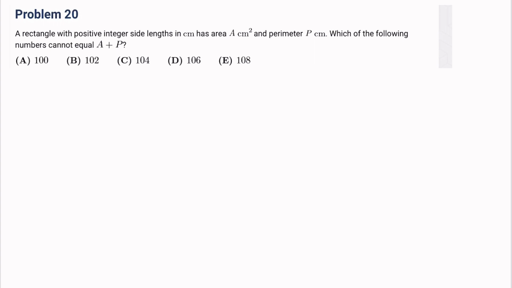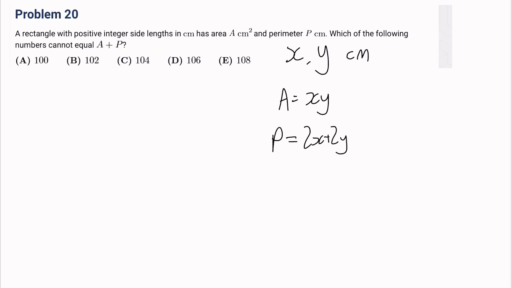Number 20. A rectangle with positive integer side lengths in centimeters has area A square centimeters and perimeter P centimeters. Which of the following numbers cannot equal A plus P? Okay, so let's say that the side lengths are x and y centimeters. So it's x by y centimeters. And so its area A would be xy, and perimeter would be 2x plus 2y, right?